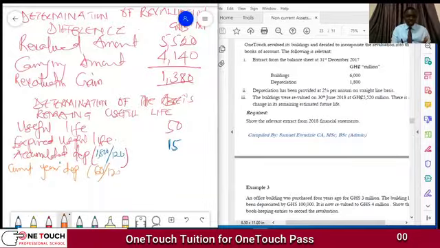Now 60 divided by 120 is 0.5. That's a half year. So when we sum this up, that's the expired life. So 50 minus 15.5 gives us 34.5.